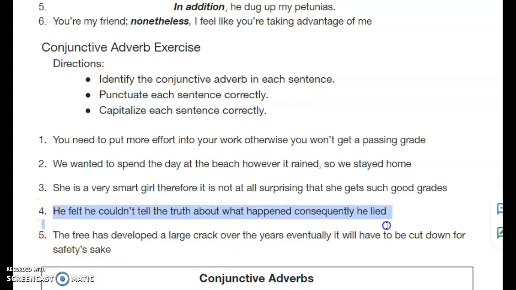All right, number 4. He felt he couldn't tell the truth about what happened. Consequently, he lied. What is the conjunctive adverb in this sentence? All right, consequently is the conjunctive adverb. Now write this sentence out with correct capitalization and punctuation.